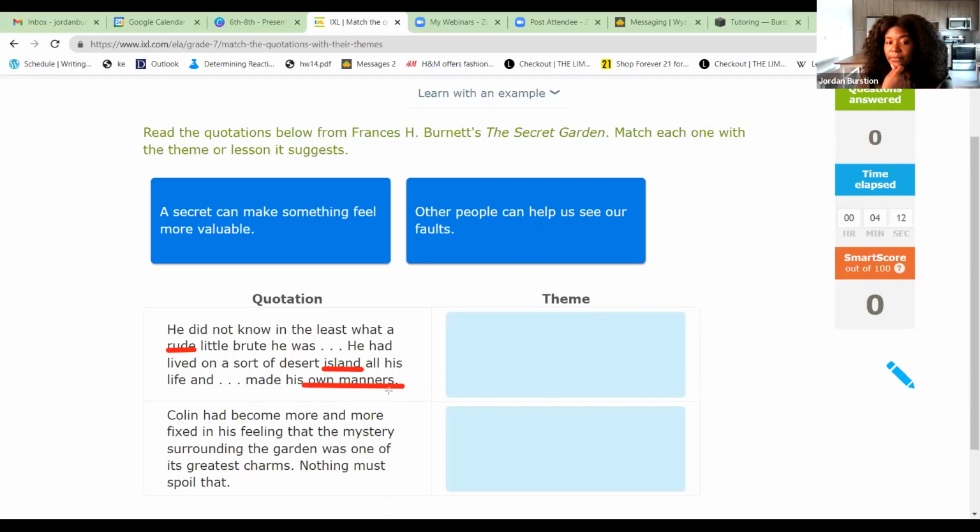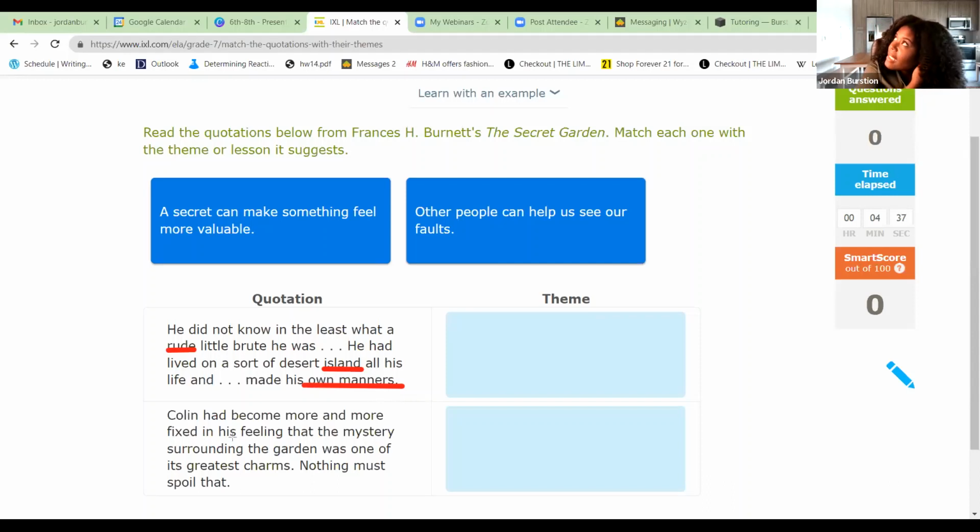Okay. The second quotation says, Colin had become more and more fixed in his feeling that the mystery surrounding the garden was one of its greatest charms. Nothing must spoil that. This first part says, Colin became more and more fixed in his feelings.